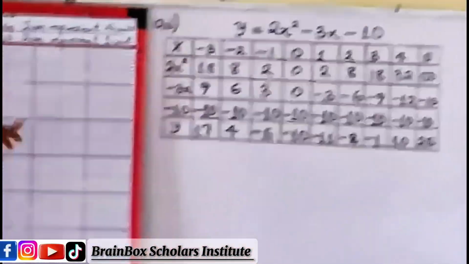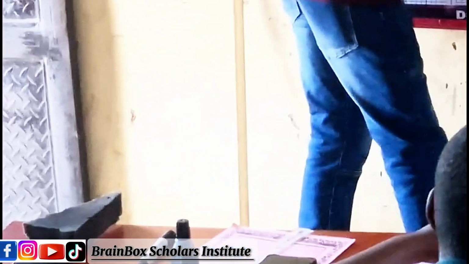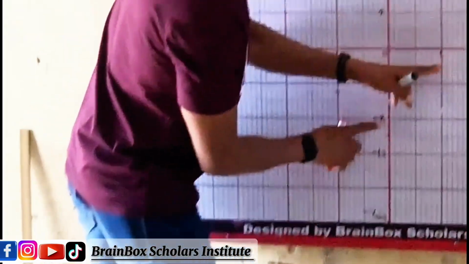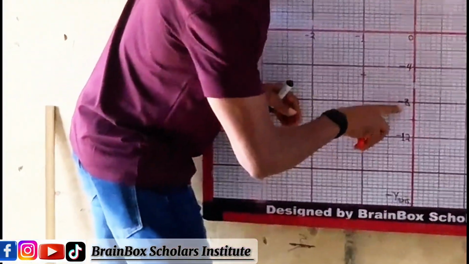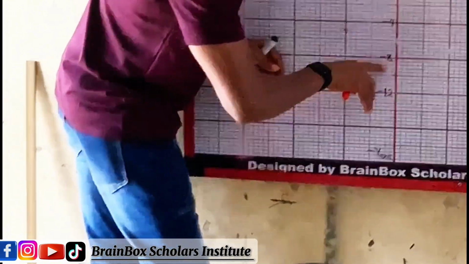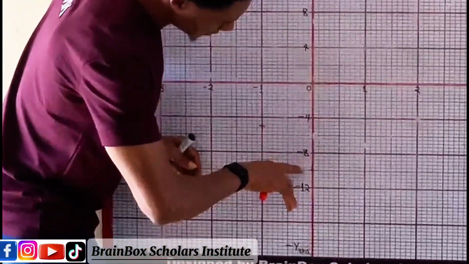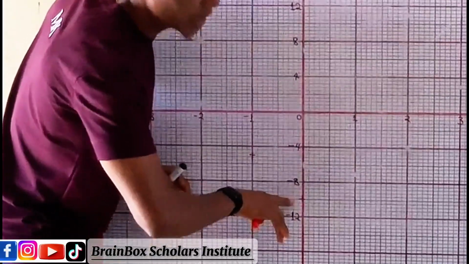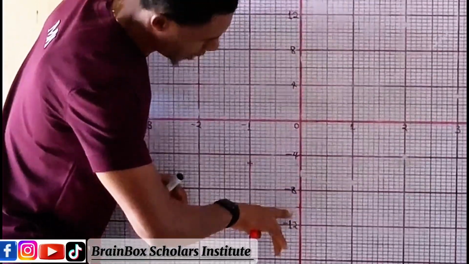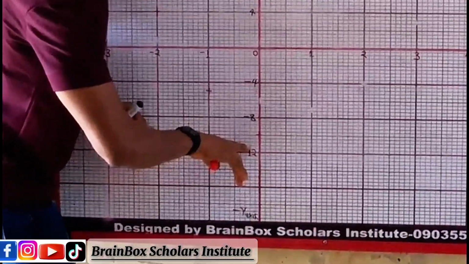Now let's go again. 1 and minus 11. So let's go for 11. So this one is minus 11. So let's get minus 11 here. Let's go. 8.4, 8.8, 9.2, right? 9.6, 10, 10.4, 10.8, 11.2.